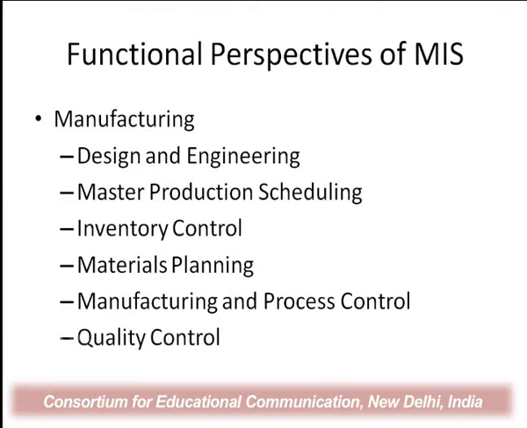Here the important functions are design and engineering. In case of product design, the MIS can play a very important role in how the design can be approved. This kind of MIS also provides features of computer aided design systems which can be incorporated into it. Computer aided manufacturing systems are also there; CAD and CAM systems are used for these purposes.